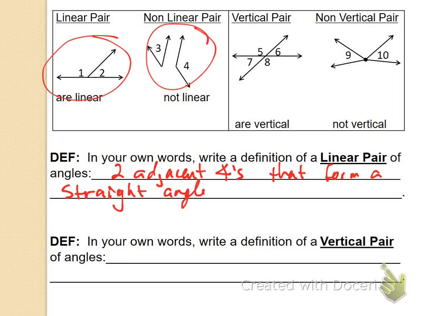Because we're talking about two angles, we want to talk about them forming another angle, right? So there are two adjacent angles that form a straight angle. And I know a straight angle looks a whole lot like a line, which is why they're called a linear pair, right? Now, yes, eventually we can talk about a linear pair being supplementary, because if they form a straight angle, then they're going to have to add to 180 just with the angle addition postulate. Okay, but not yet. In the definition, we'll just keep it at them forming a straight angle.